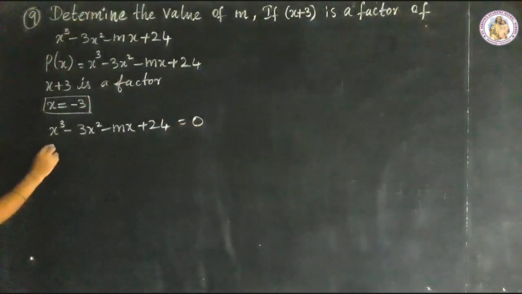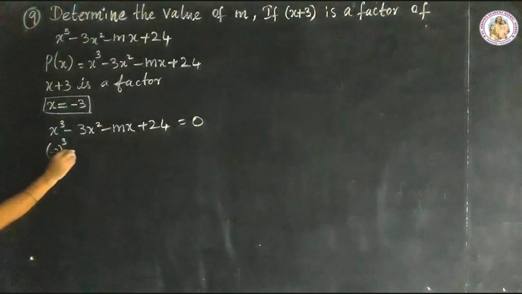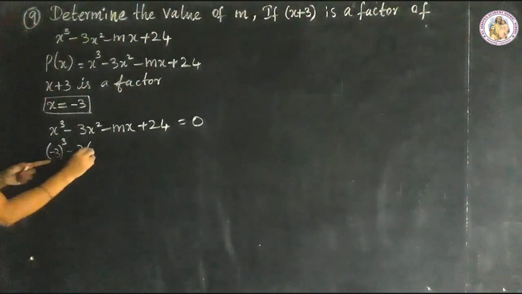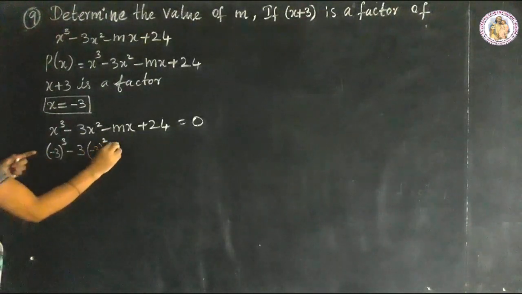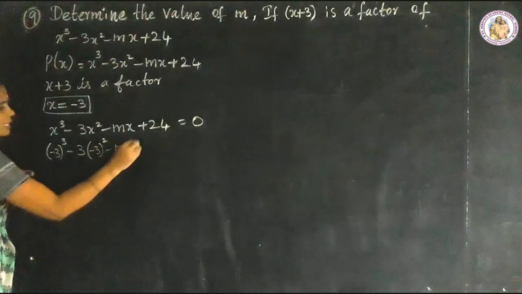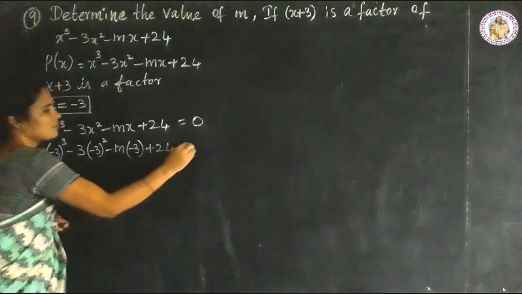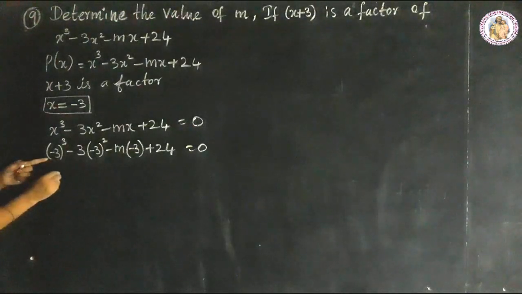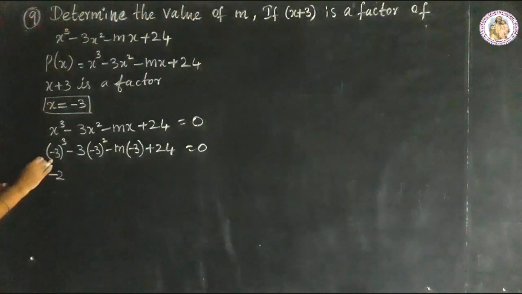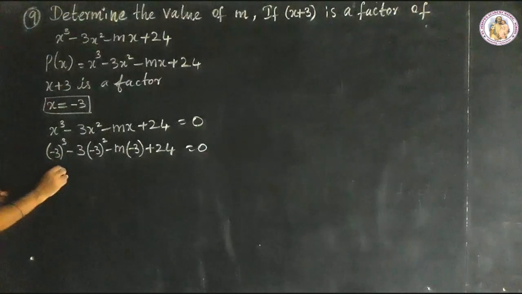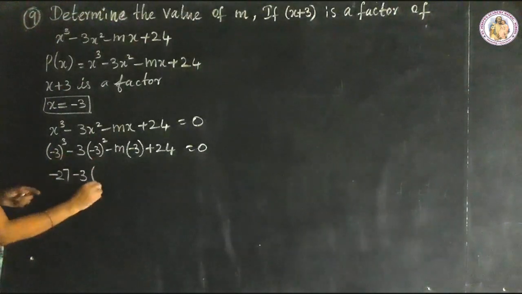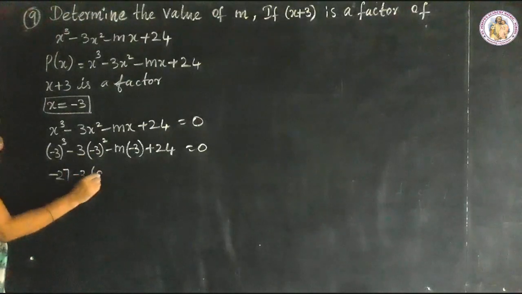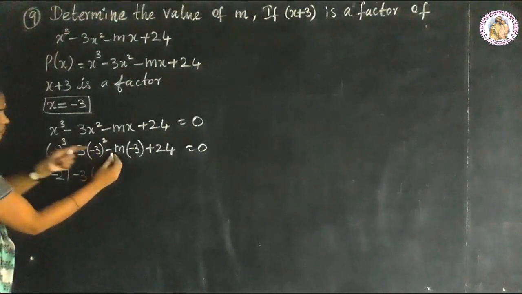Now in the place of x apply minus 3. So minus 3 cube minus 3 square minus m, x is minus 3, plus 24 is equal to 0. 3 into 3, 9, 9 3s are 27, plus into minus, minus. Okay, now minus 3 and within bracket 3 into 3, 9.